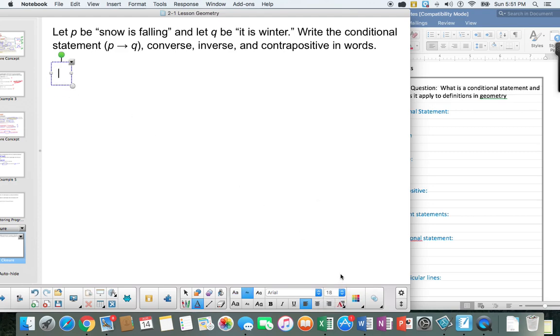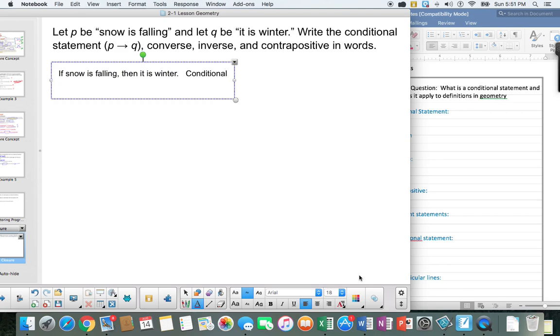Okay, so the conditional statement will be, if snow is falling, then it is winter. And that's a conditional statement. If we reverse it, if it is winter, then snow is falling. That's an example of a converse.